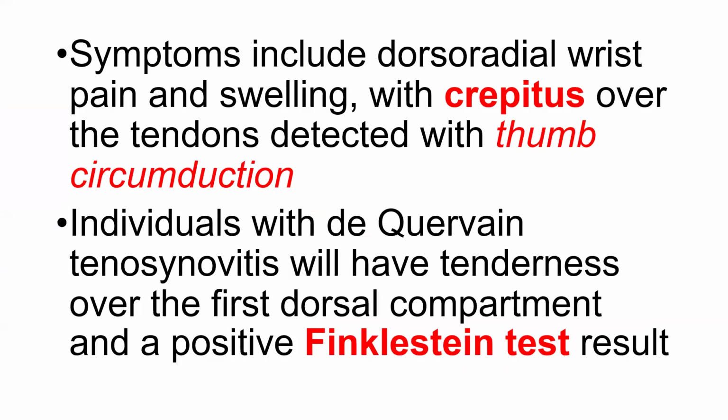Symptoms include dorsal-radial wrist pain and swelling with crepitus, as I have repeatedly mentioned, over the tendons, elicited with thumb circumduction, the full types of motion combined.